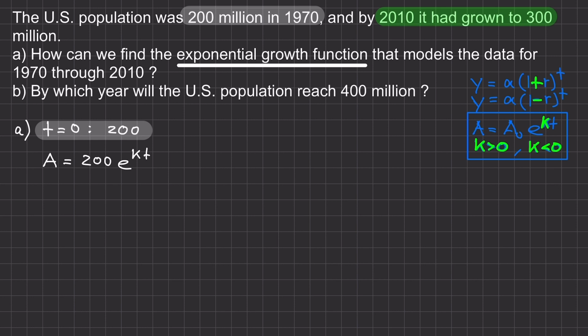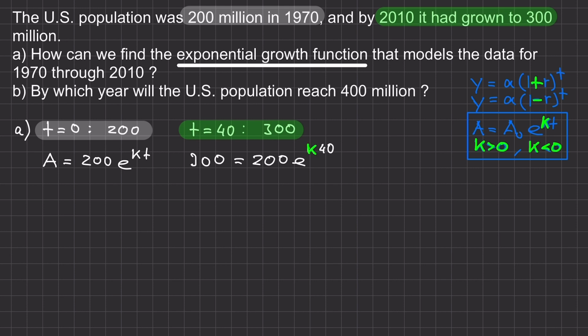We also know that 40 years after 1970, when t equals 40, the value of A is 300. Substituting these both numbers into the growth model gives us 300 equals 200 times e raised to the power of k times 40. Now we can find k.